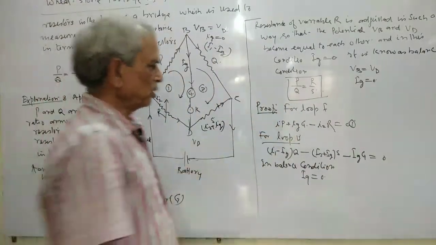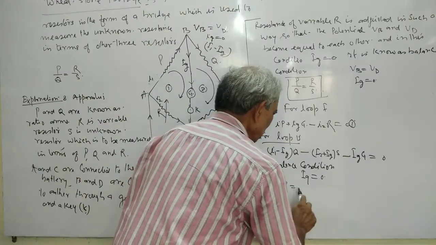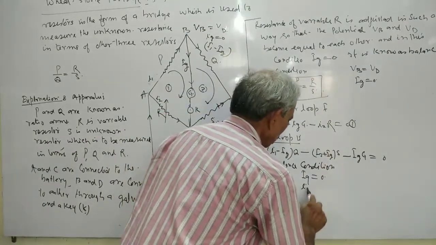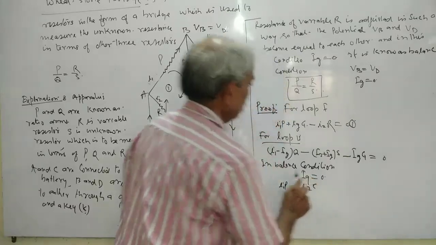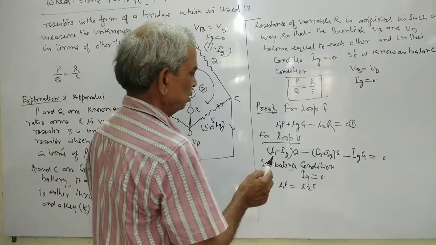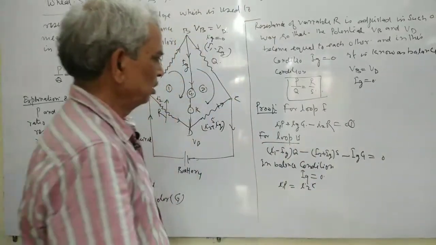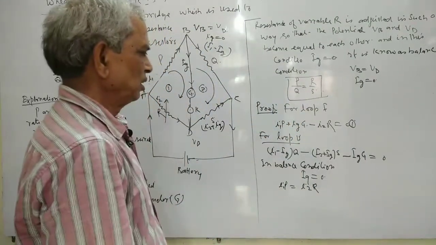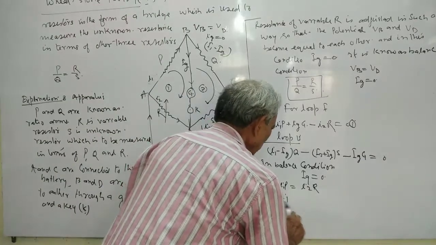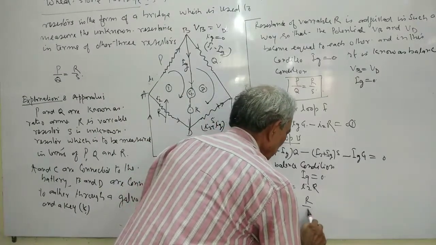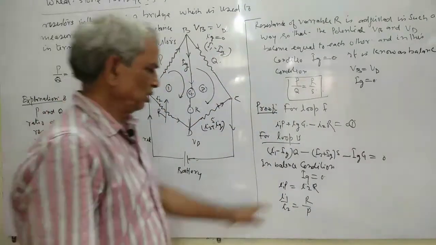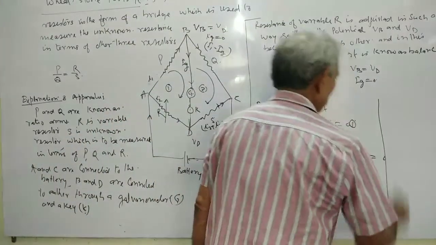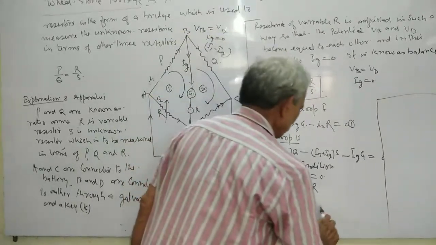So first equation becomes I1P is equal to I2R, or I1 upon I2 is equal to R upon P. This is equation third.